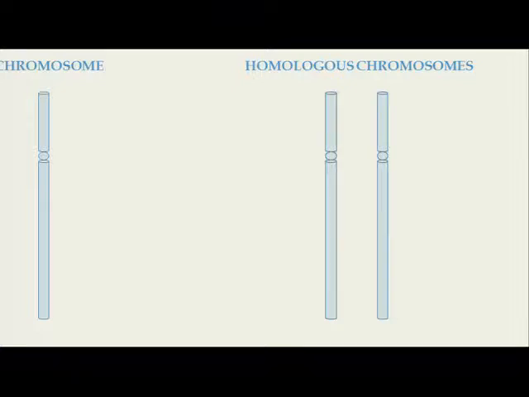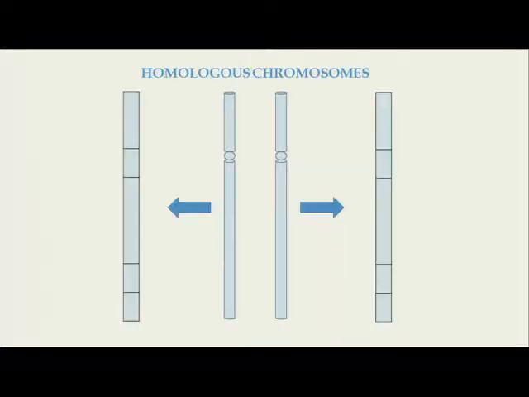A homologous chromosome pair, as illustrated on the screen, consists of a chromosome of paternal origin, but it also contains a maternal chromosome. Bear that in mind. A pair of chromosomes or homologous chromosomes. Two chromosomes, one of paternal origin and one of maternal origin.